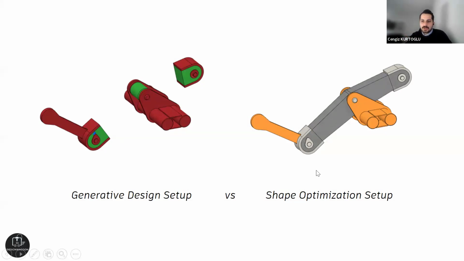I'll explain the shape optimization setup in this webinar, but the next webinar will discuss the generative design setup, because you don't need to create a starting shape for a front loader.